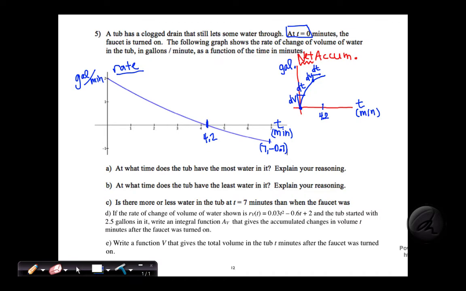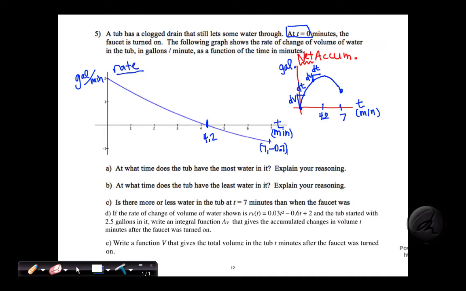And there's positive rates that were more positive and for longer periods of time. So I'm going to guess, we could do numerical calculations, but over the next, till time 7, first it was decreasing slowly and then more quickly. By time 7, I don't know, we have some water still left that accumulated in the first 7 minutes, and that amount hasn't all drained out. So do we have more or less water by time 7 than at the beginning?